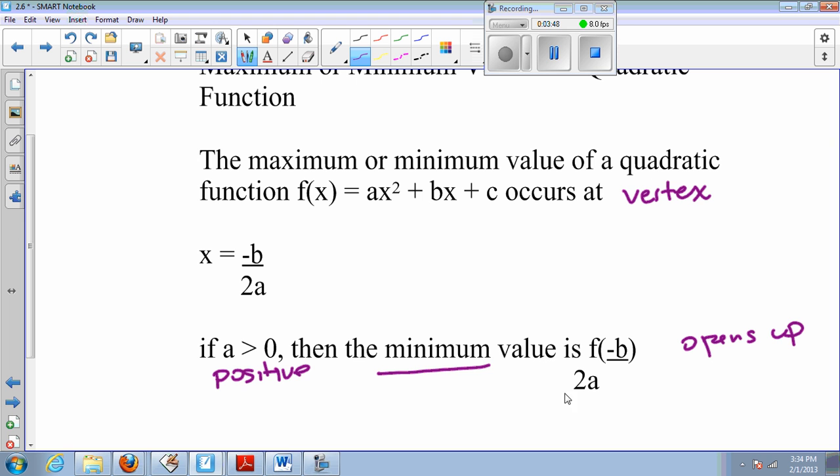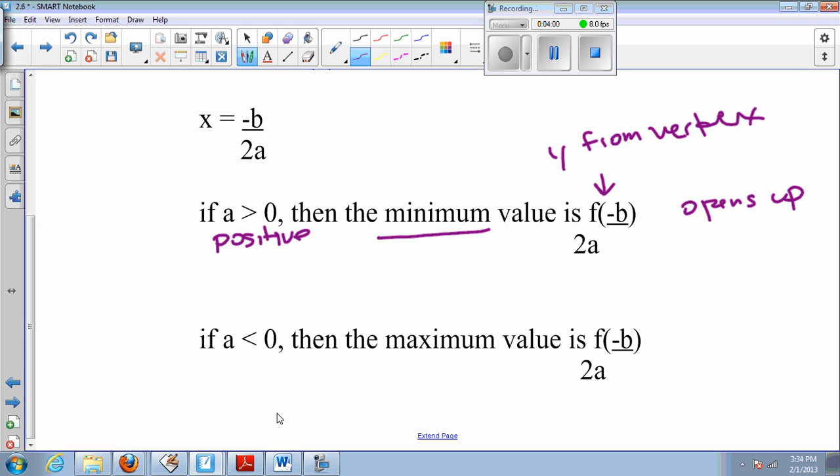And the minimum value is the y from the vertex. If a is less than 0, which means it opens down, then it's a maximum value at the y value of the vertex.